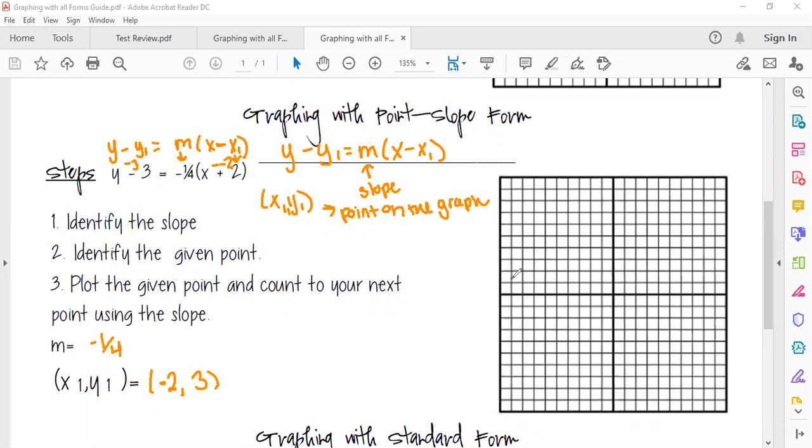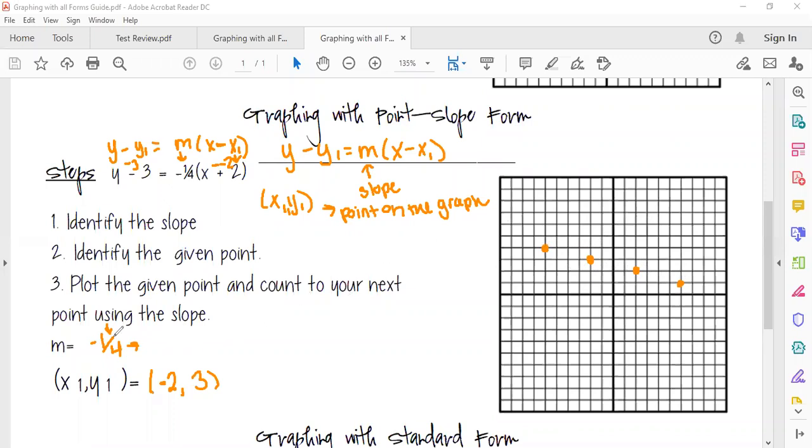So we're going to start at this point, negative 2, 3. Up 3, this is my starting point. And my slope is negative 1/4, so I'm going to fall 1, run 4. Down 1, run 1, 2, 3, 4. Down 1, run 1, 2, 3, 4. If I really wanted to, I could rise 1, but then I'd have to go backwards 1, 2, 3, 4.